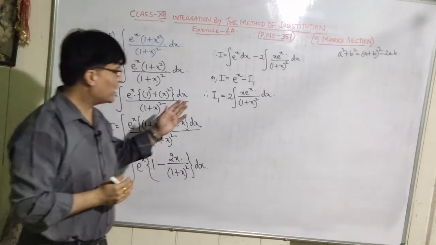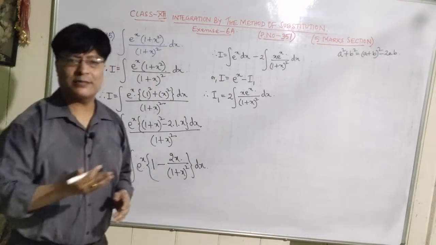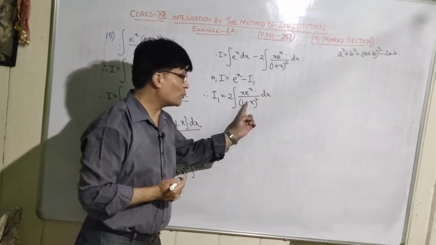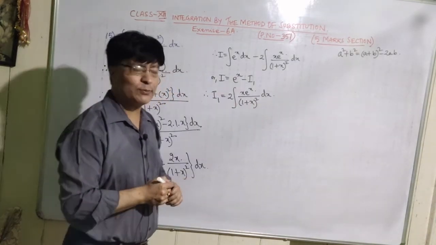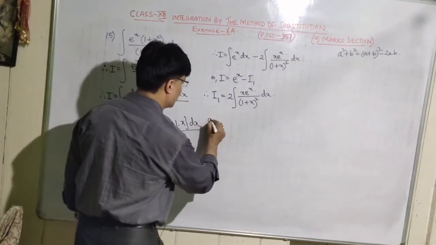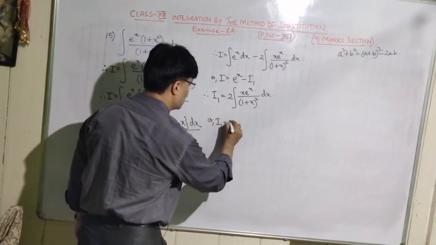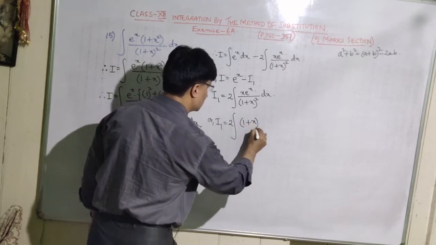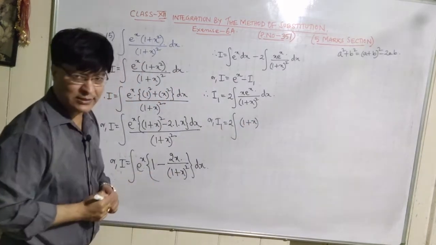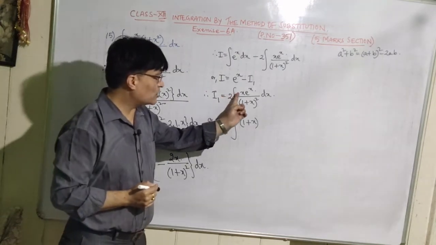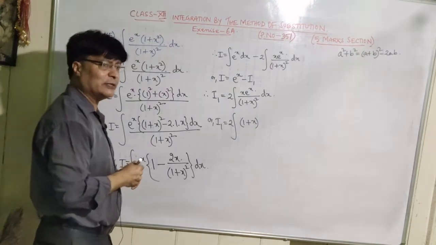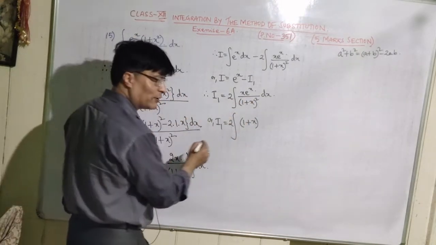Okay, now we can use the same method as we have done in the previous problem, right? So within whole square there is 1 plus x, so write 1 plus x in the numerator also. Or I1 is equal to 2 integration of, so within bracket let us write 1 plus x, but in the numerator we have x e to the power x. By which expression will you multiply this 1 plus x to get x e to the power x?